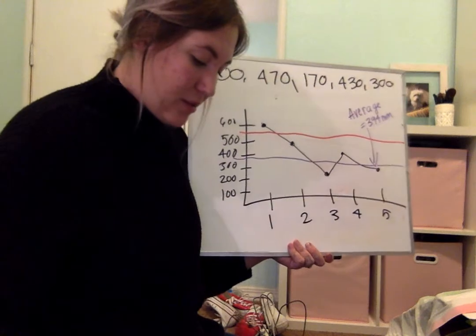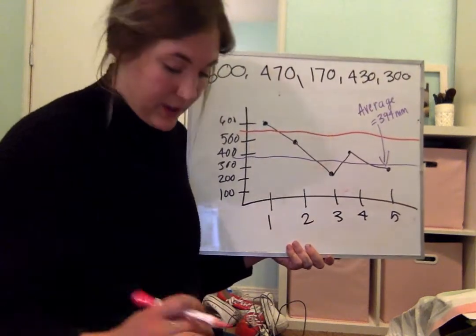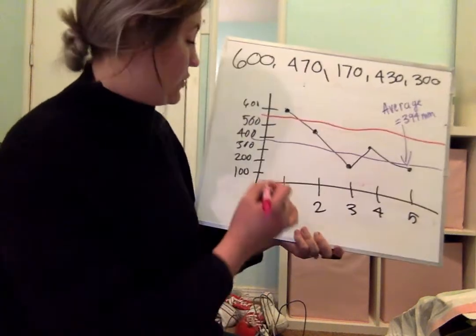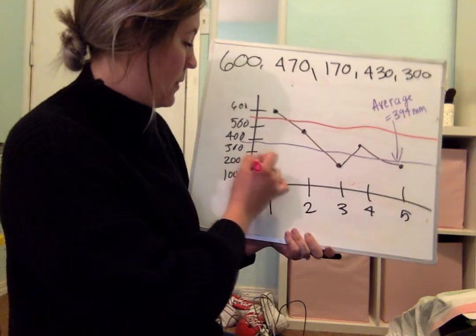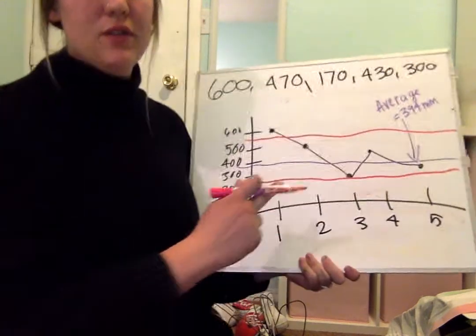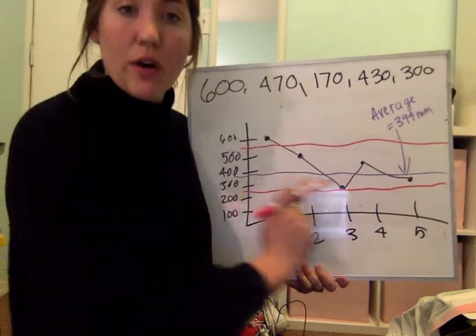Then we take our original average, 394, and subtract the standard deviation of 147, and you get 247. So now you have these two lines above and below our average.